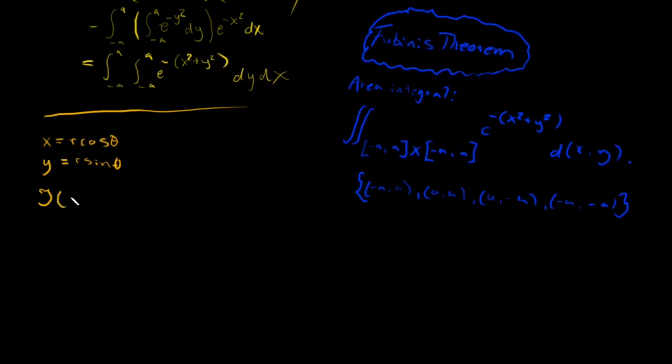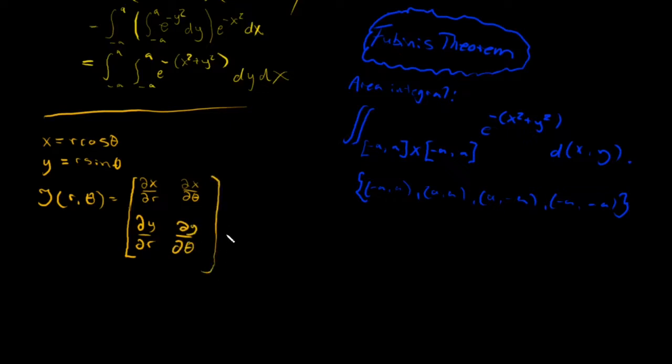And then we can define the Jacobian matrix of r and theta as the matrix with the partial derivative of x with respect to r, partial derivative of x with respect to theta, the partial derivative of y with respect to r, and the partial derivative of y with respect to theta. And computing these derivatives, we simply get cosine theta, negative r sine theta, sine theta, and r cosine theta.